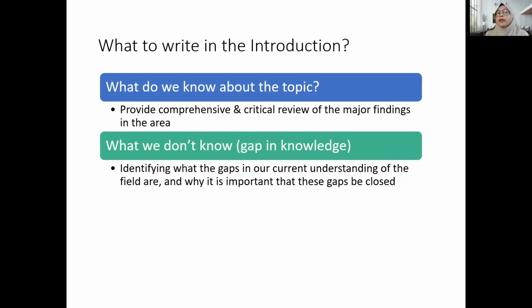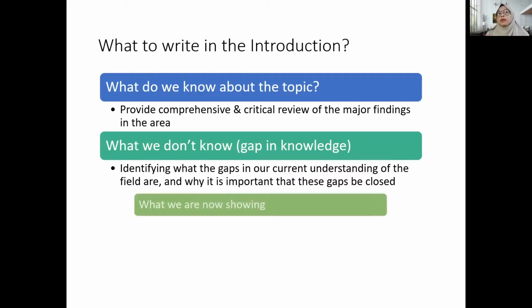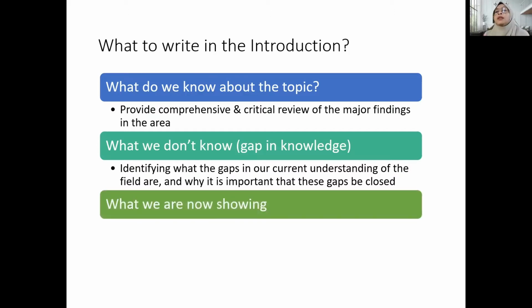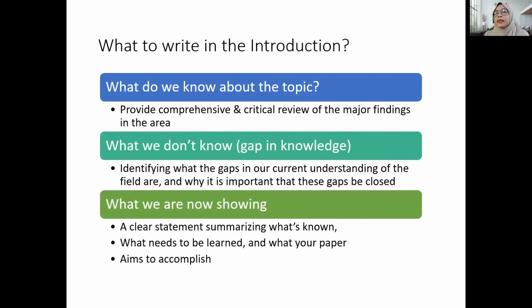So identify what the gaps in our current understanding of the field are and why it is important that this gap be closed. So, what we are now showing. A clear statement summarizing what's known, what needs to be learned, and what your paper is focusing on, the aim that you want to accomplish.